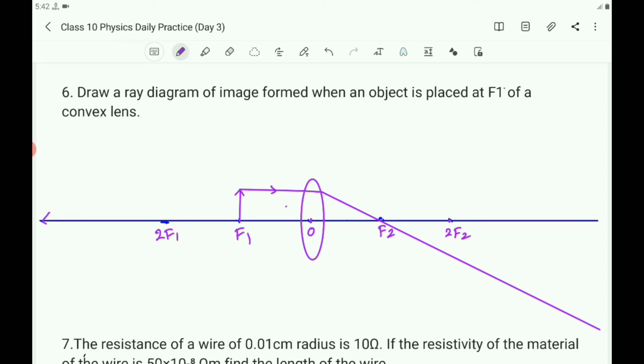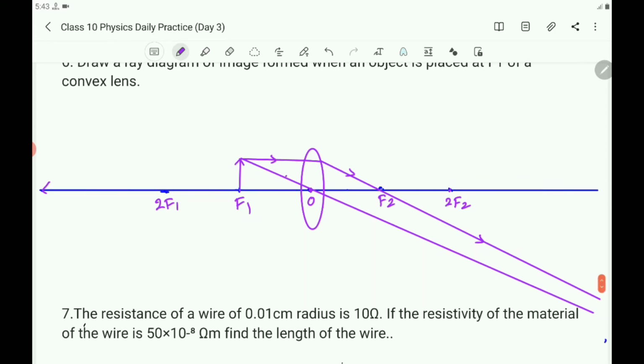Next ray, you take the ray which passes through the optic center O. Here these two rays will meet at a point at a distance of infinity. There is no chance of meeting of these two rays as they are parallel, but they will meet at infinity. So you can say that the image forms at infinity.